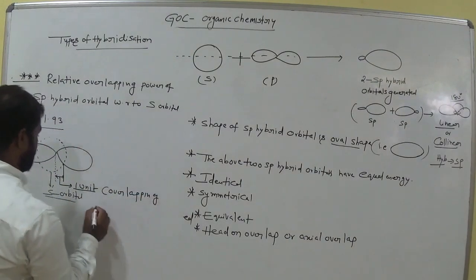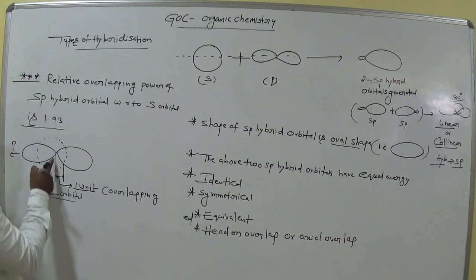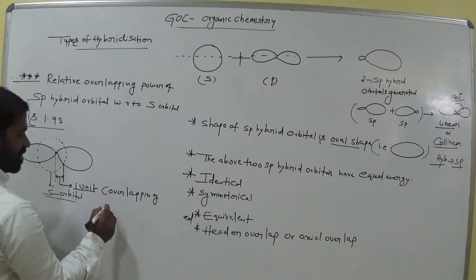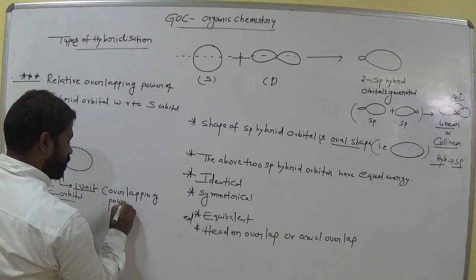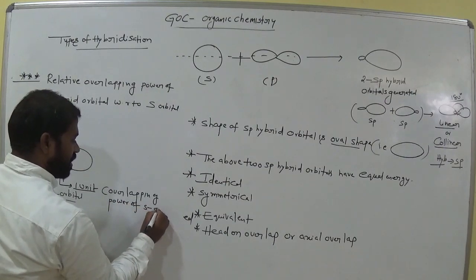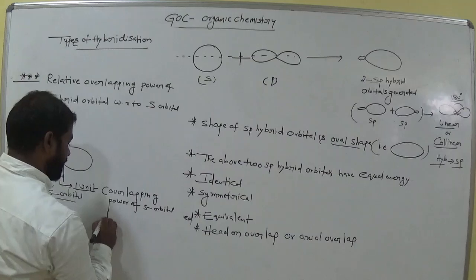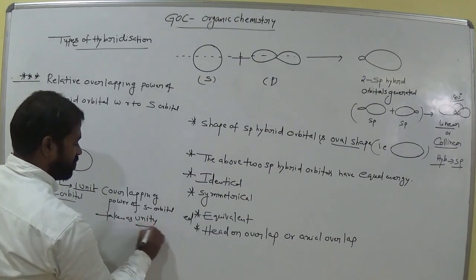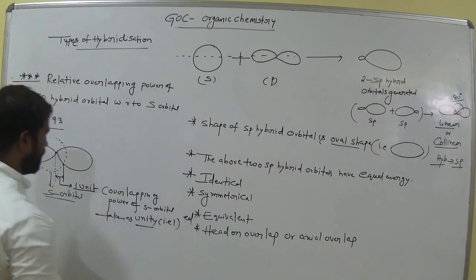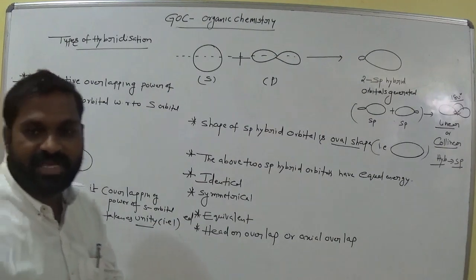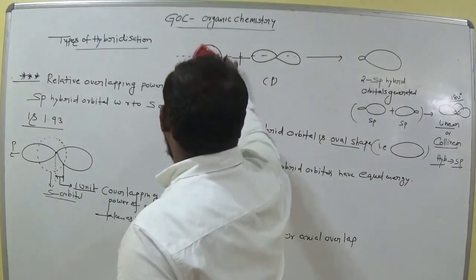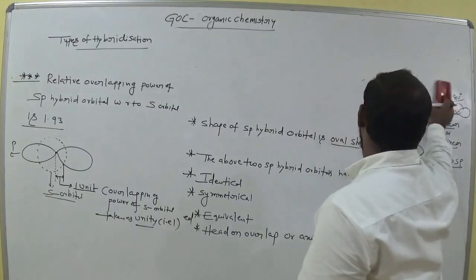From this center up to the s orbital, this distance is taken as 1 unit overlapping power. The overlapping power of the s orbital is taken as unity. Unity means 1. Is it clear, all of you? The overlapping power of the s orbital is 1.